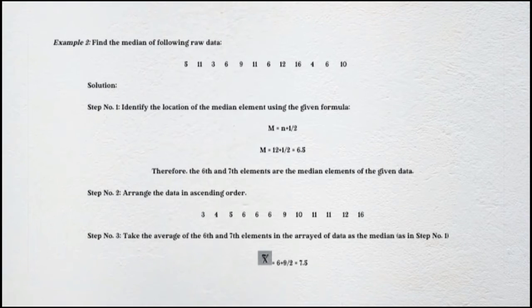Therefore, the 6th and the 7th elements are the median elements for the given data. Again, arrange the data in ascending order in step number 2. Then step number 3, take the average of the 6th and 7th elements in the array of data as the median. So the median is equal to 6 plus 9 all over 2, which is equal to 7.5.